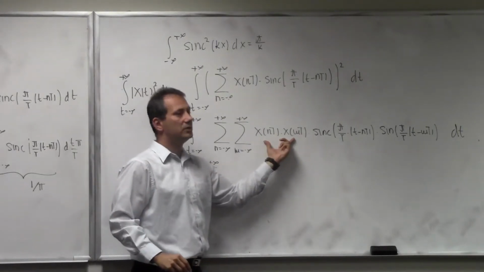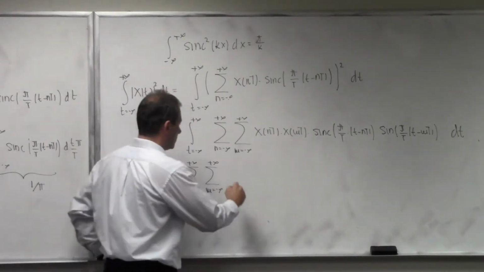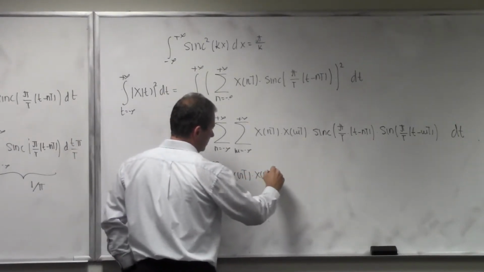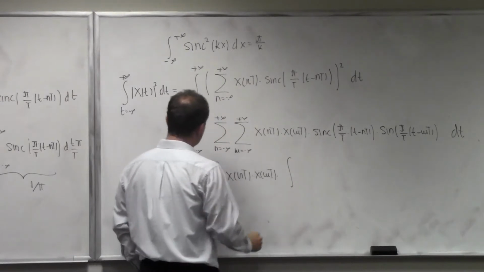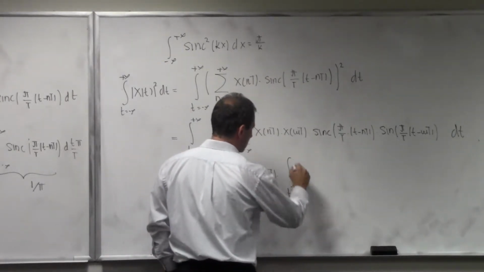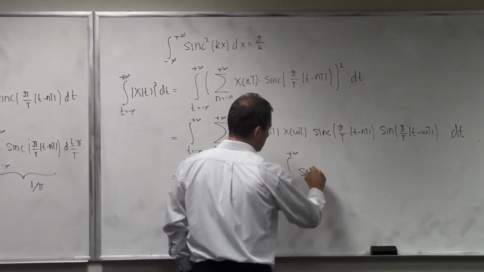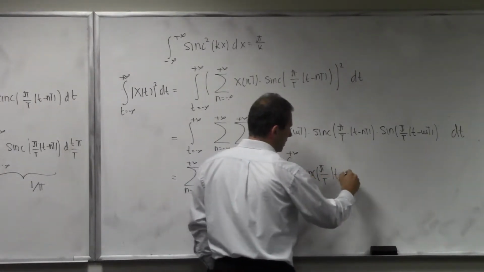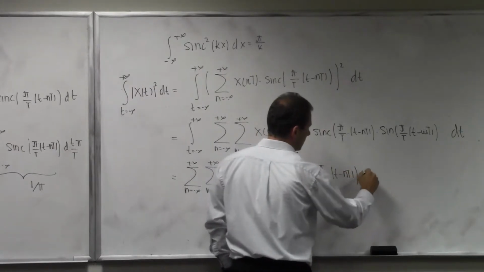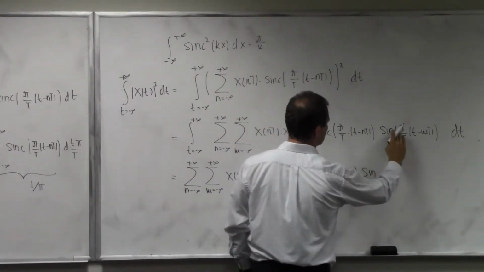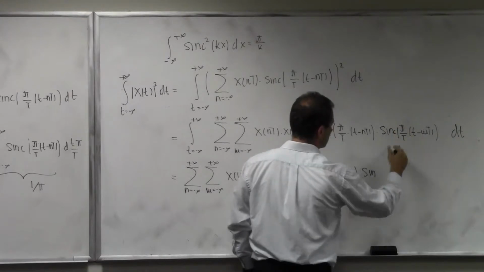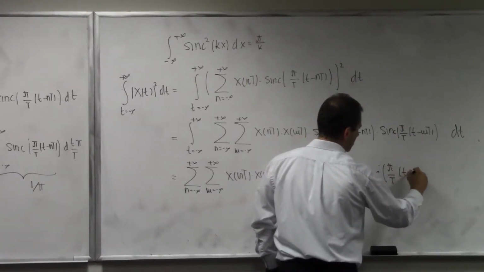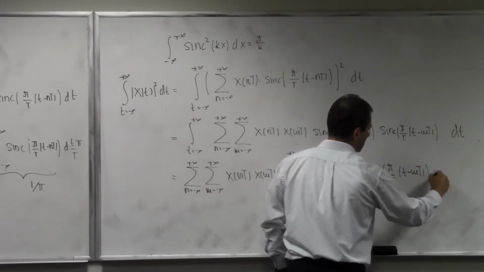These two don't depend on t, so I'll take them outside: x of nT times x of mT. And then I have an interesting thing here: the integral over t from minus infinity to plus infinity of sinc of pi over T, t minus nT, and then sinc, not sine, sinc here, of pi over T, t minus mT, dt.